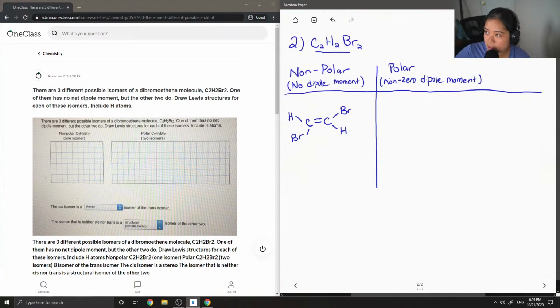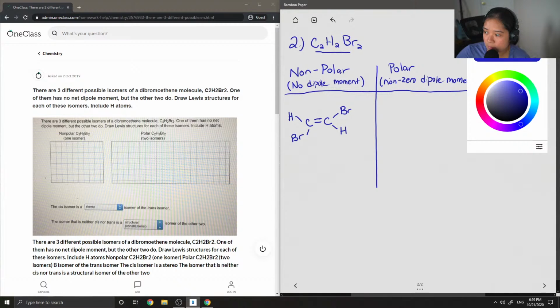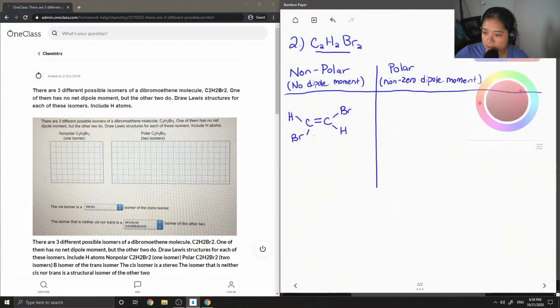Let me write it in a different color. So bromine is an electronegative molecule, but you'll see that these cancel each other out. So therefore we have no dipole moment. And then the name of this compound is trans-1,2-dibromoethene.